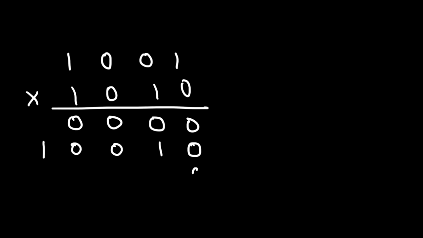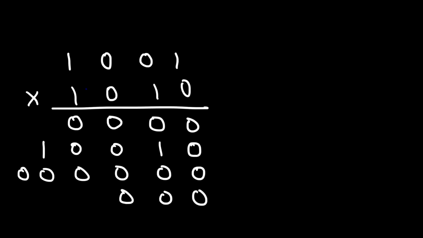Now, for the next row, we need to add 2 zeros, and we're multiplying 0 by these 4 numbers, so that's going to give us 4 zeros. For the last one, we need to add 3 zeros to get to this row, and we're going to multiply 1 by 1001, and so that's going to give us 1001.